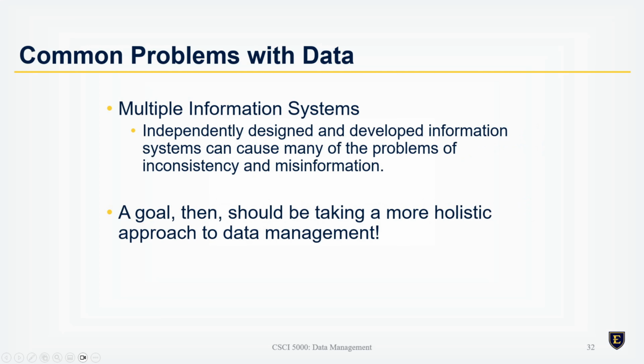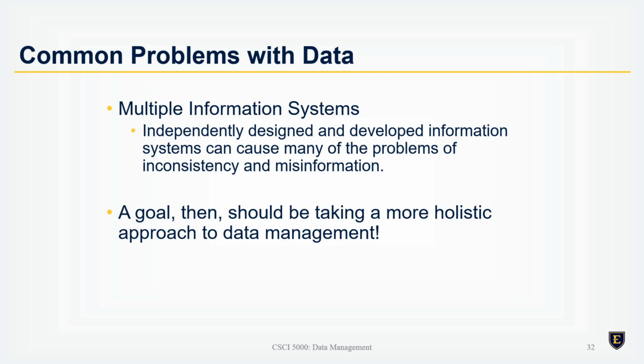Having multiple information systems is something that happens a lot. We have independently designed and developed systems, and that can cause many of the problems of inconsistency and misinformation that we just talked about.